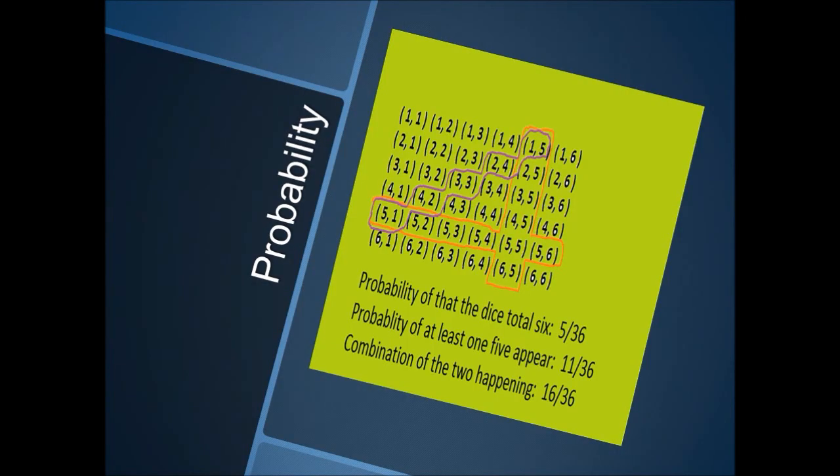The probability of at least 1 5 appearing is 11 out of 36. The combination of one or the other happening is when we add them together. 5 over 36 plus 11 over 36 equals 16/36, which can be reduced to 4/9.